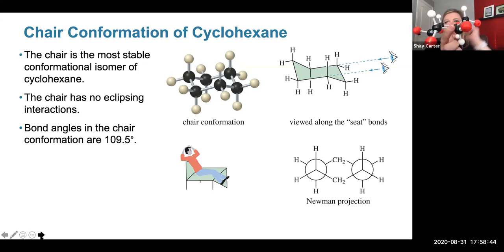Mine is probably harder to see than what you have on your screen here, but we basically have 4 carbons that are in the same plane, and then 1 carbon that's kicked up and 1 carbon that kind of droops down here. Maybe that's easier to see if I turn it like that. But you look at this little dude here, okay? It's like a little chair, like a chair that you can sit in.